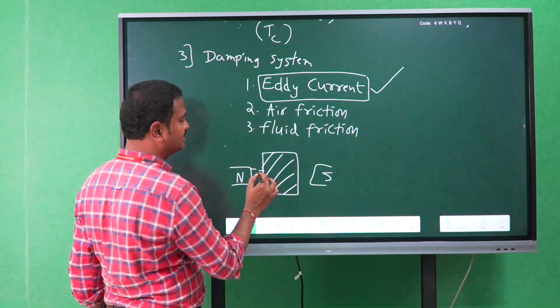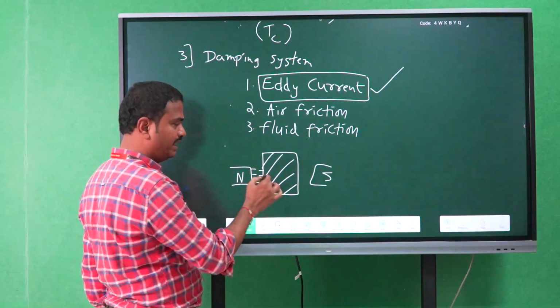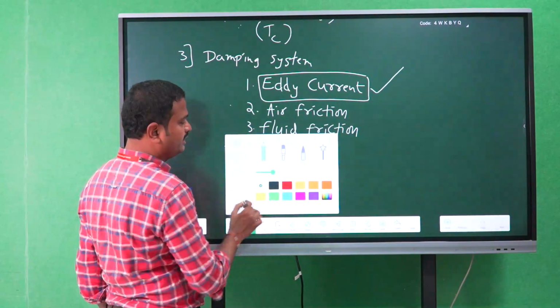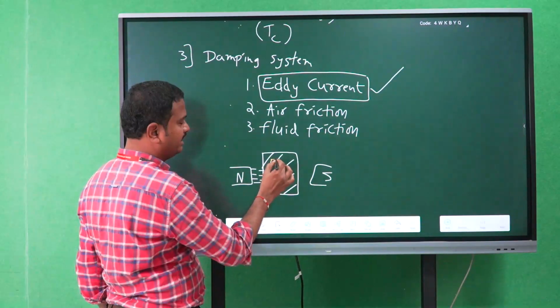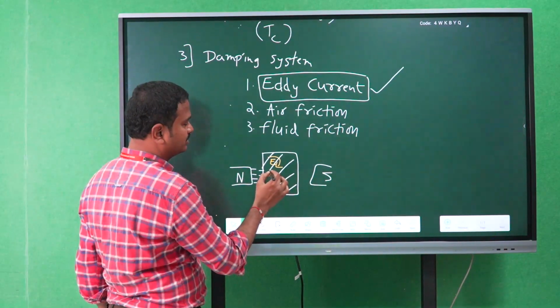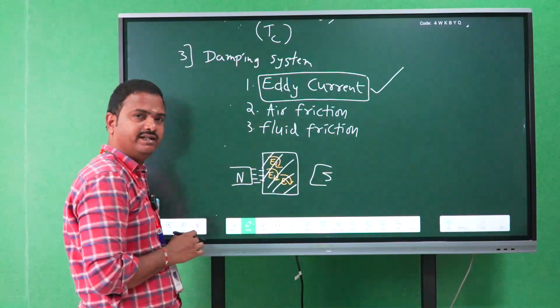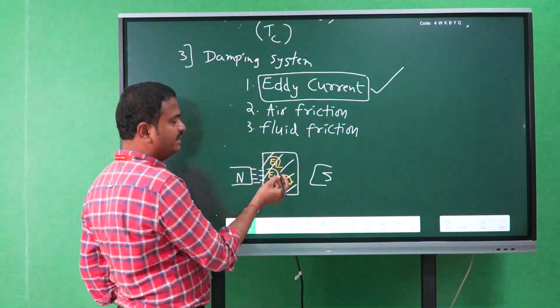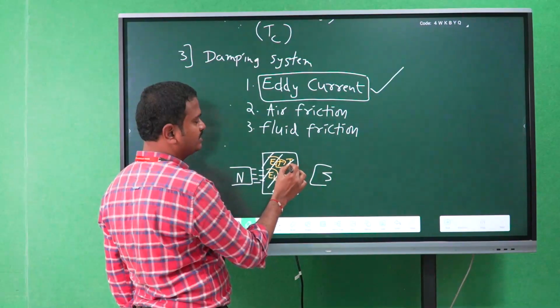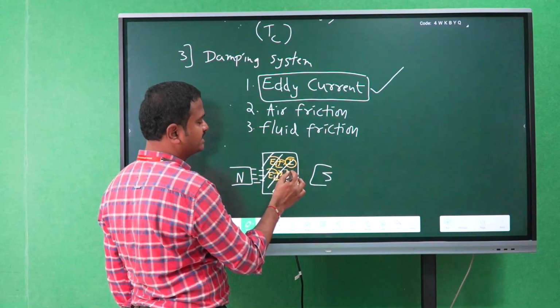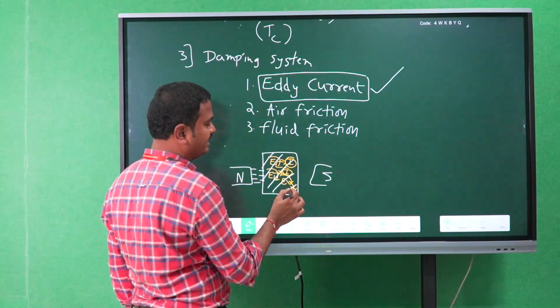So whenever the flux lines are linking with the aluminum plate, then small EMFs are also produced inside the aluminum material. Okay, so these EMFs will produce some small currents. These currents are called eddy currents.